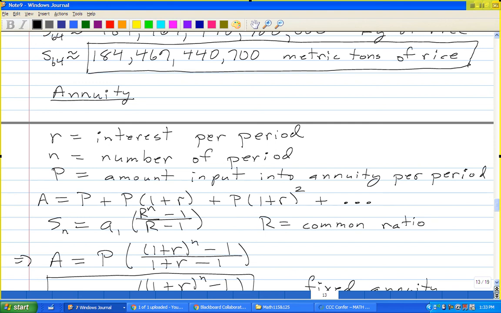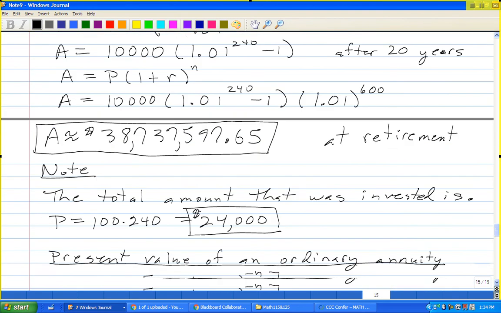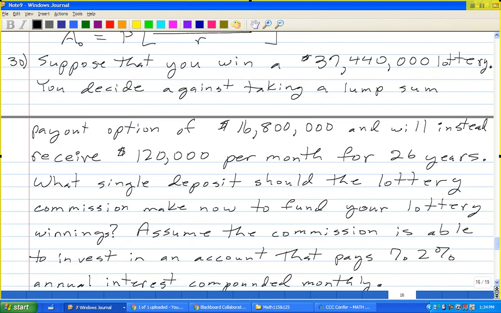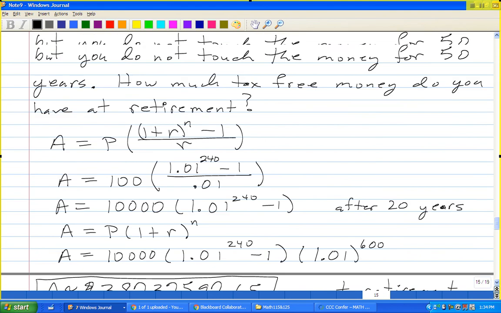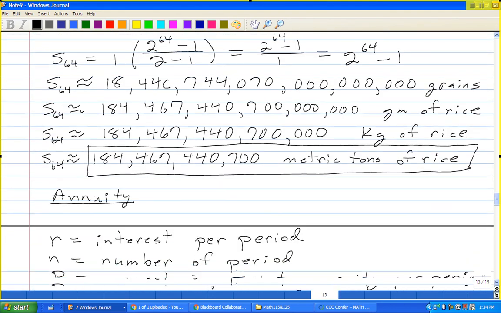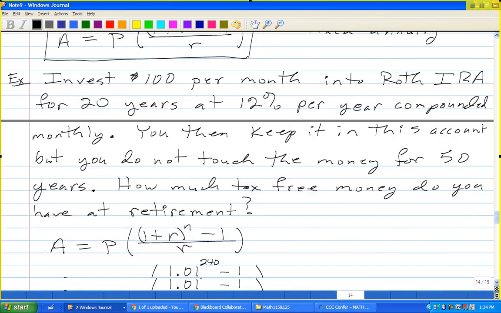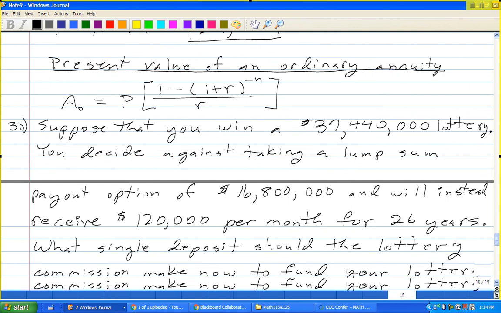A0 in this case is the amount of the loan. And P is the payment. So instead of calling it the amount that you input, it's the amount that you pay for the loan per period. So P is the amount that you pay per period for the loan.